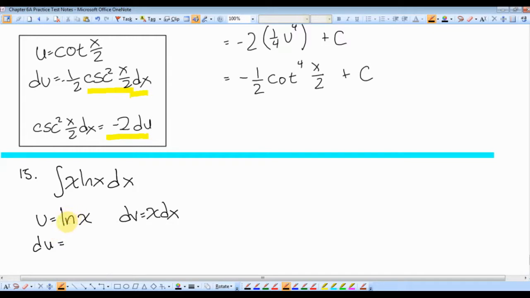No, you can't use the tabular method here because your choice of u does not turn into 0. It's a good question. All right, any questions on u and dv?